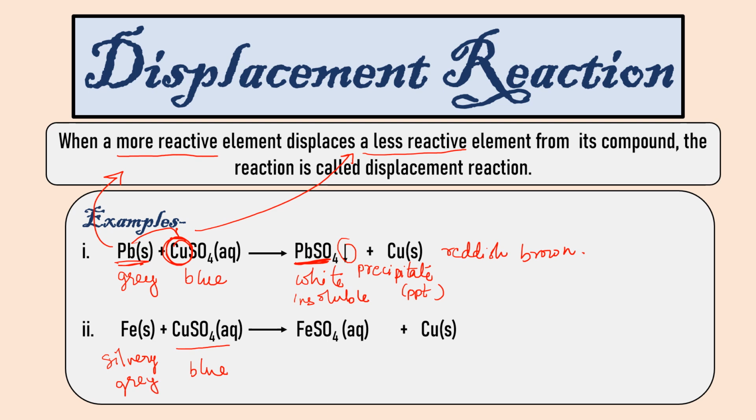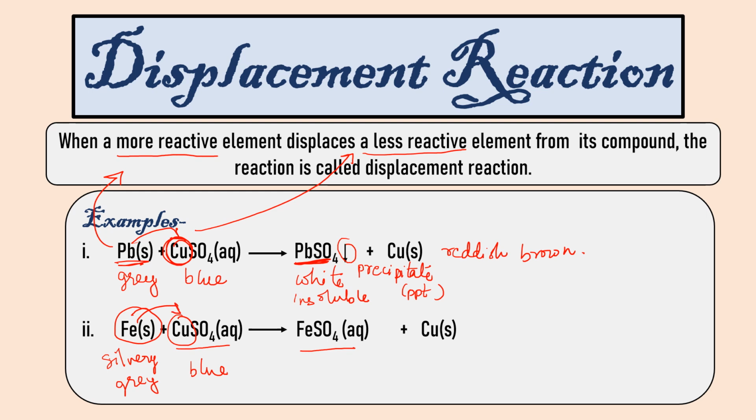Now when iron metal is added to copper sulfate solution, again aqueous, dissolved in water, which is blue solution, you can see FeSO4 is formed. Now iron is more reactive as compared to copper. So it displaces copper from its compound and forms iron sulfate.